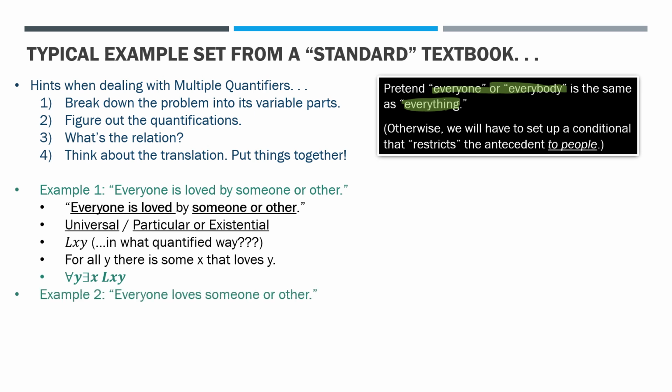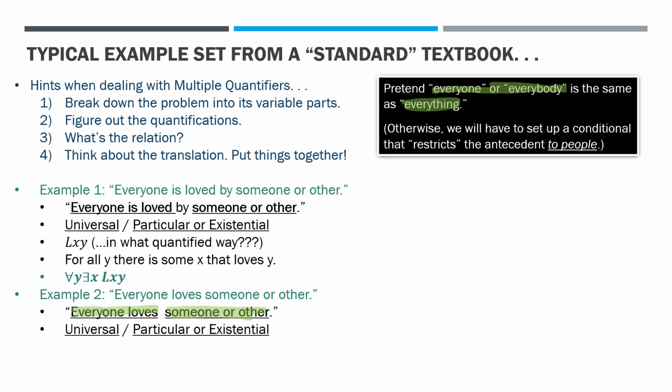Let's think of another example. Here we have everyone loves someone or other. We have two variable parts. On the one hand, we have something that's universal, and then we have something that's existential. We have a relation. X loves Y. The question is, in what quantified way?